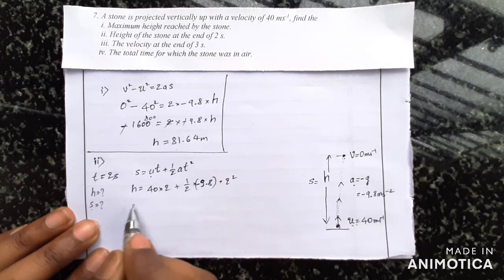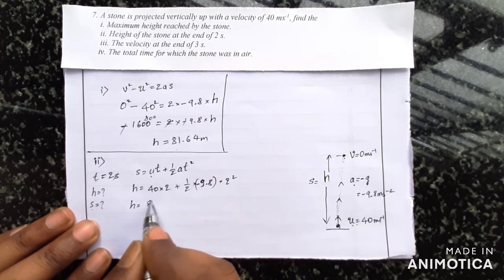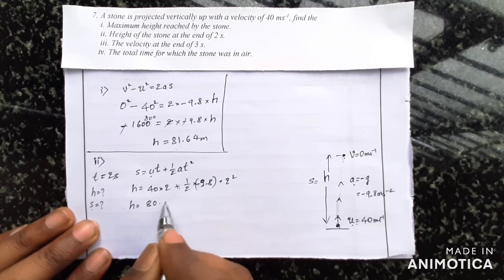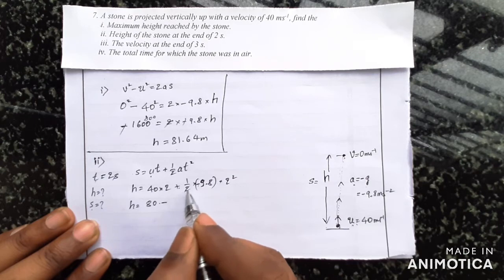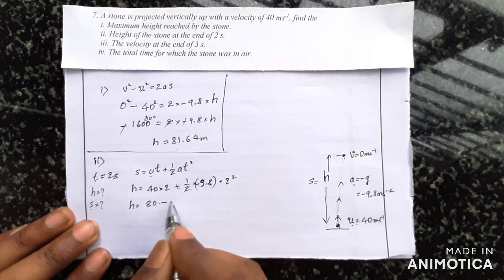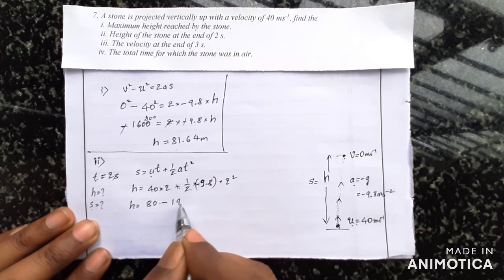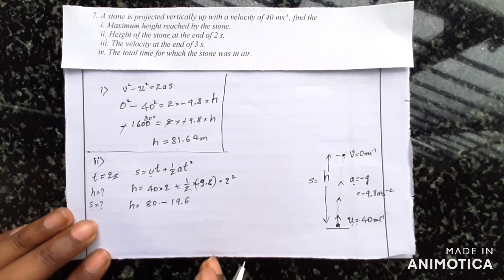2 squared is 4, okay, let me write it. 40 into 2 is 80, minus, 2 squared will be 4, 4 by 2 is 2, 2 into 9.8, it will be 19.6.